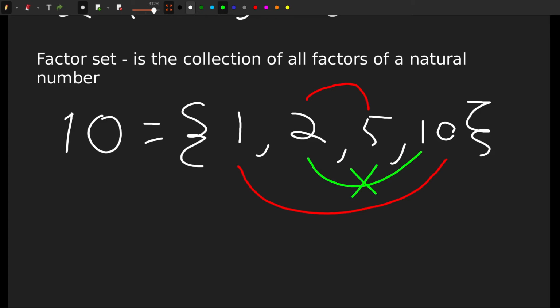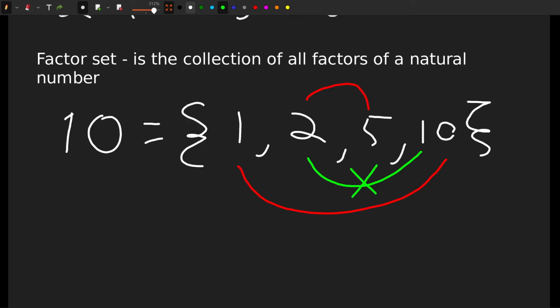Or we're saying, well, 1 times 5 doesn't get us 10. We're looking just for the factor set, the factors that, basically every factor that can get us to 10. So 1 and 10 get us 10, 2 and 5 get us 10. We don't care about 2 and 10 or 1 and 5. Those don't work. We just care about the sets that do work.